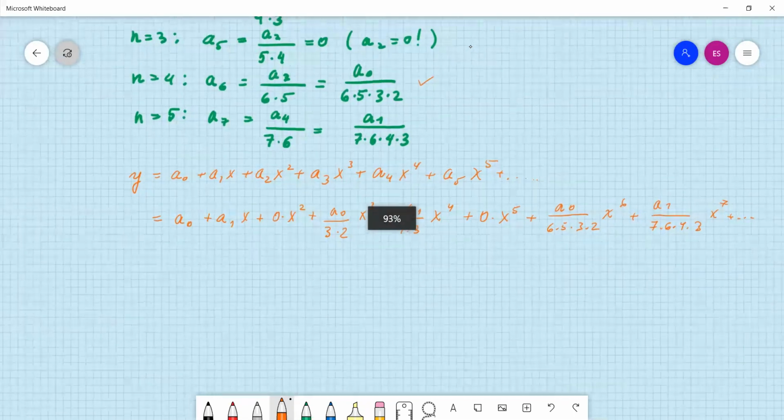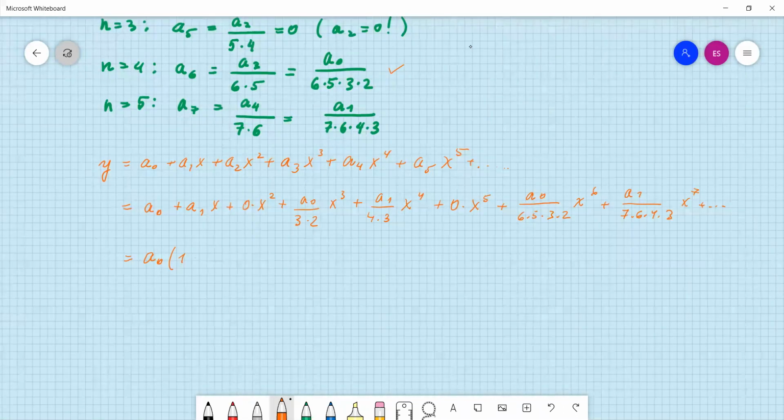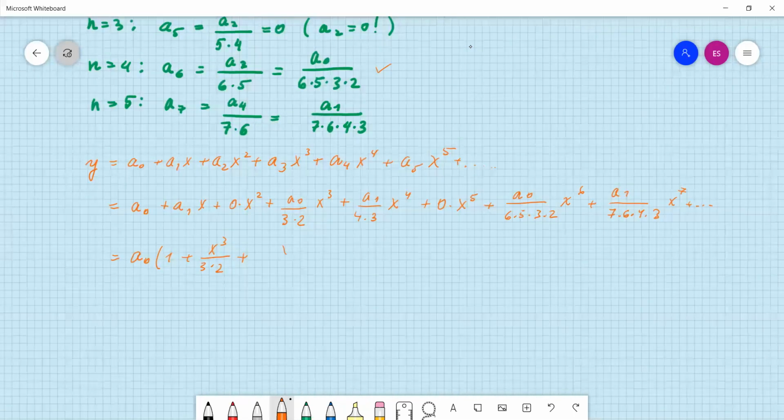Now, guys, I'm going to unify terms with A0 separately and terms with A1 separately. So here is 1. A0 is going to give me x cubed over 3 times 2 plus, A0 here, x to the power of 6 over 6, 5, 3, 2. I'm putting A0 outside of parentheses.